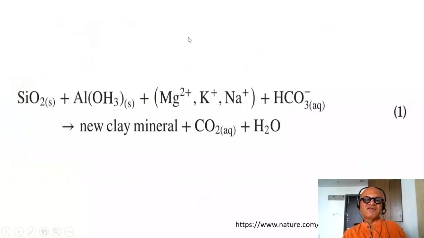Now to look at reverse weathering, to finally come to the conclusion of these weathering contributions in terms of fluxes in the carbon cycle. Obviously we have silica that has arrived from weathering reactions. There are aluminum compounds, and there are divalent cations like magnesium, potassium and sodium, and there is of course alkalinity, so HCO3 minus aqueous.